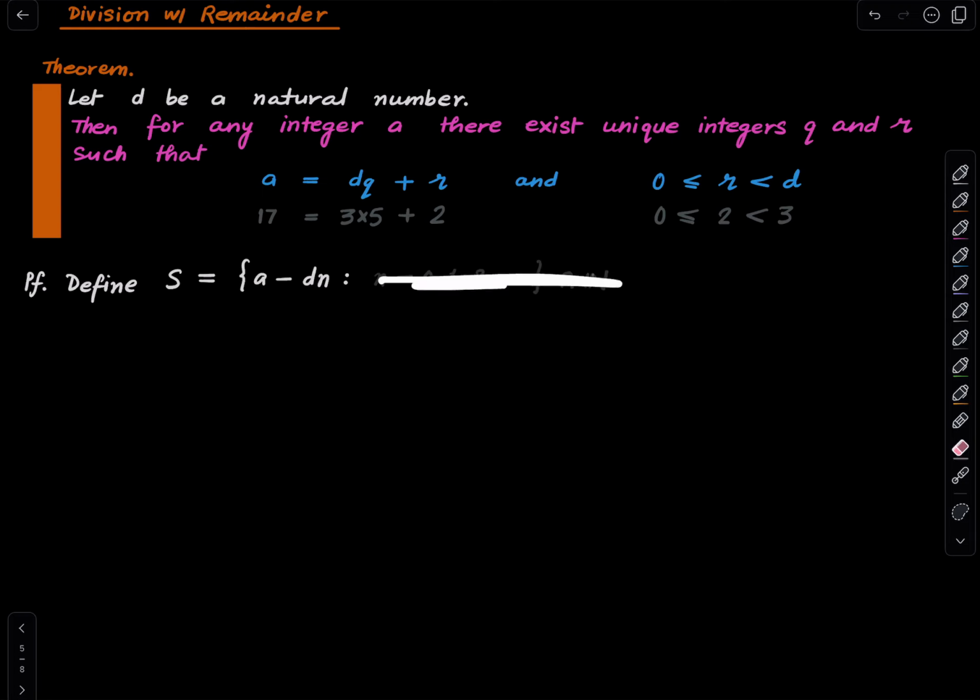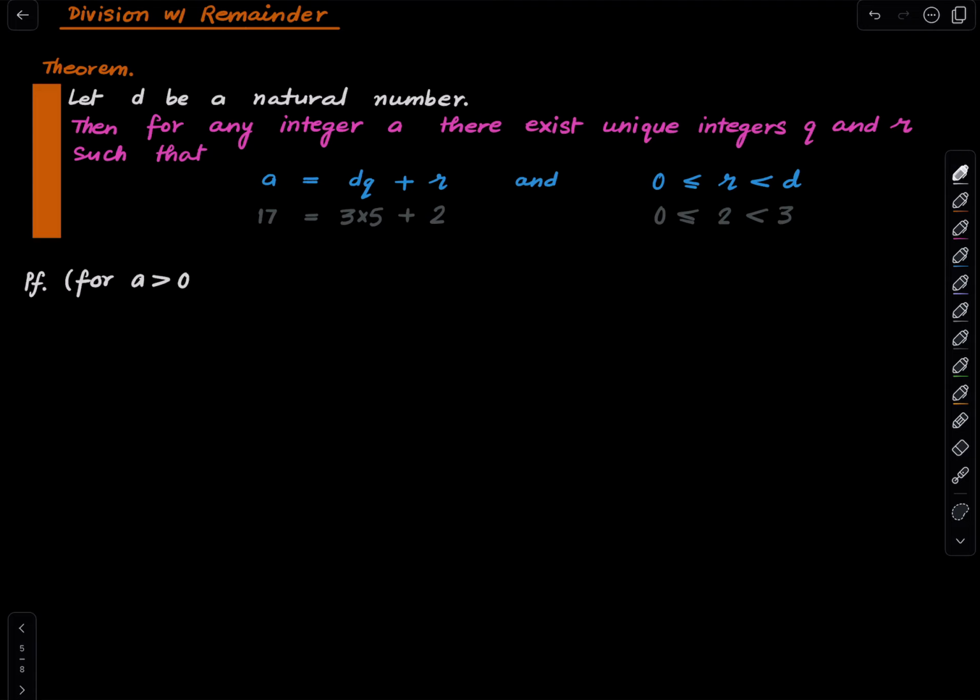So maybe I will modify this a little bit, because a could very well be negative. To make my life simpler, I will prove it only in the case when a is positive and leave to you the general case. This will help me explain the proof a little better.